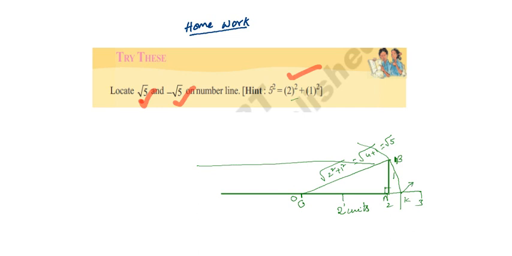In the same manner, minus root 5 you get on the left side of the 0. Root 5 is on the right side of the 0. Minus root 5 you get on the left side of the 0. You may do these two separately in your notebook at home. Okay, thank you.